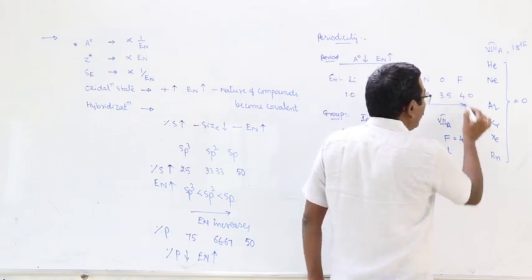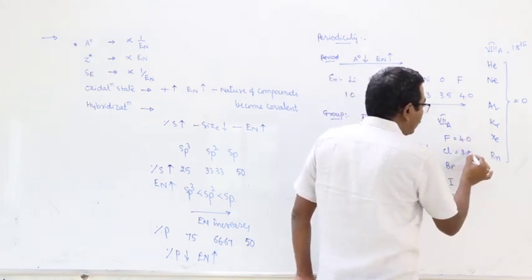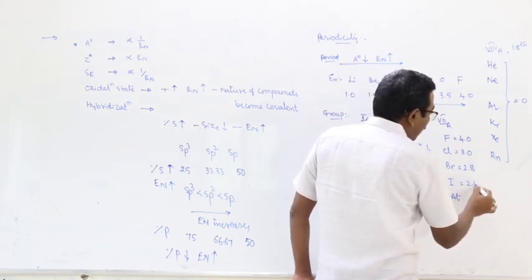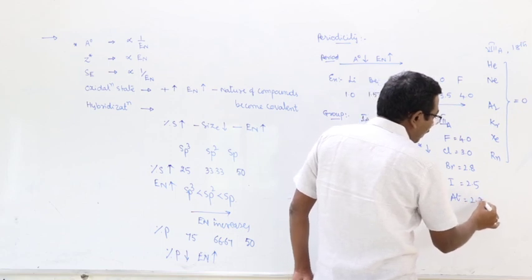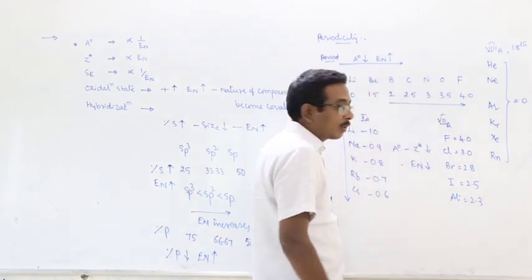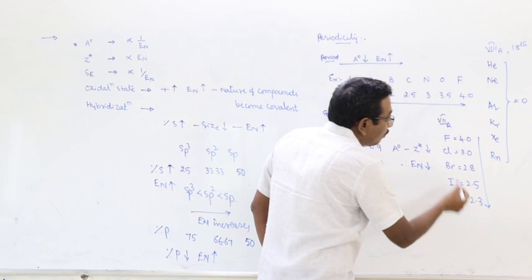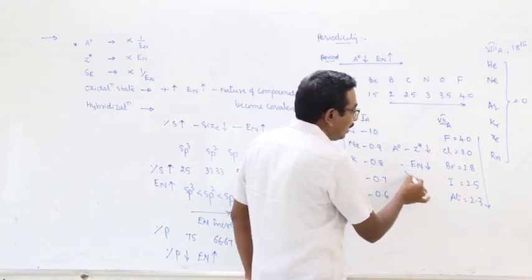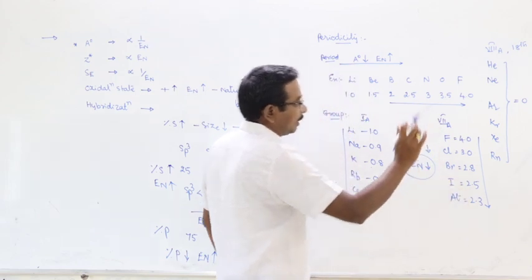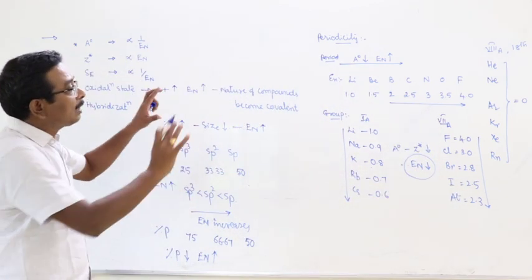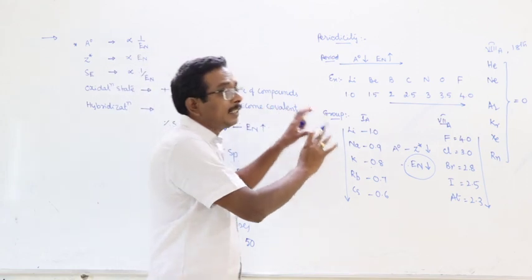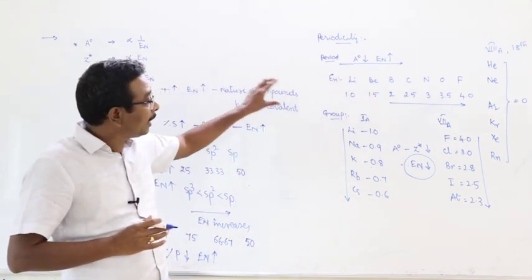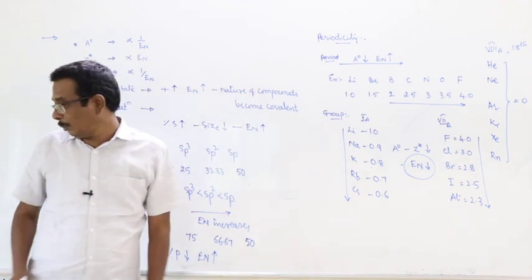Fluorine 4, chlorine 3, bromine 2.8, iodine 2.5, astatine 2.3. From top to bottom, with increase of atomic radius, effective nuclear charge decreases, therefore electronegativity decreases. That is about the periodicity of electronegativity across the period and also along the group.